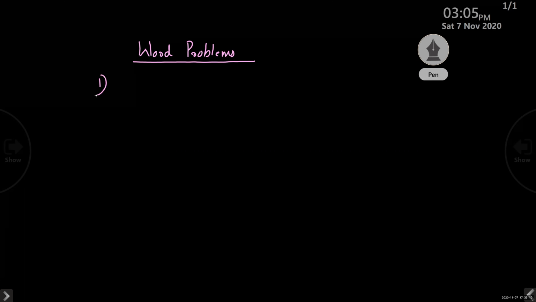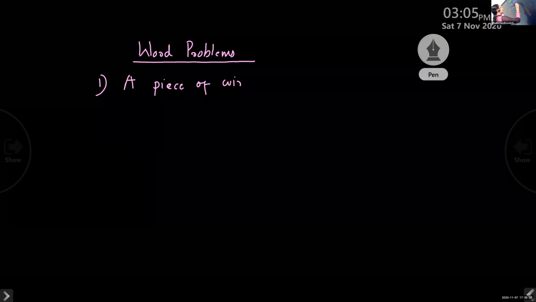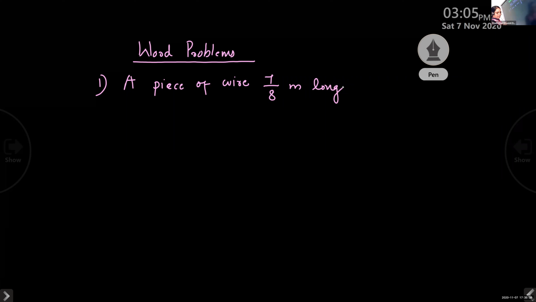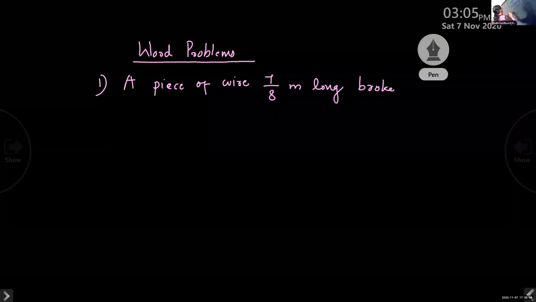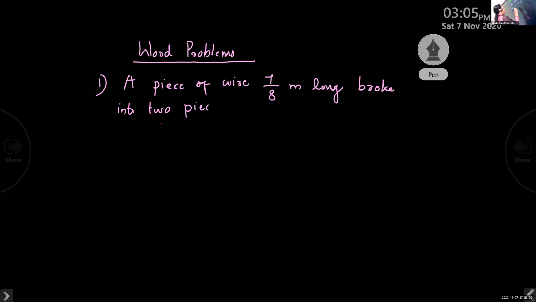First one: a piece of wire, 7 by 8 meter long, broke into 2 pieces.